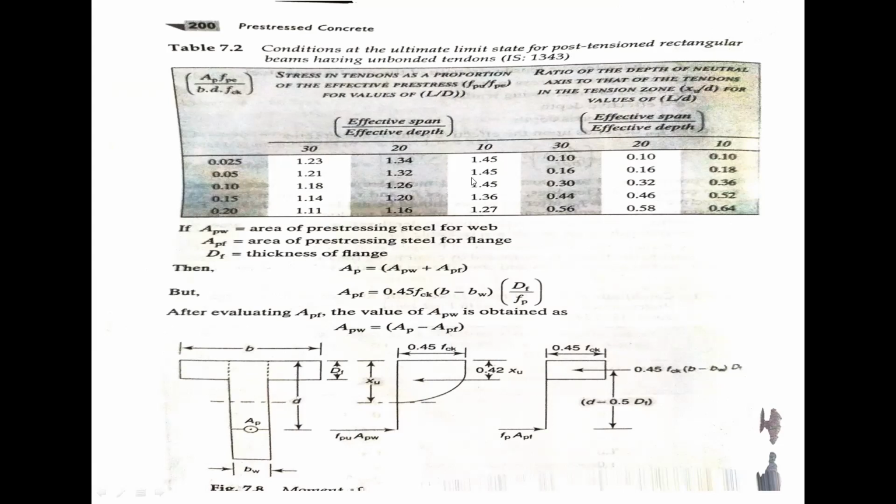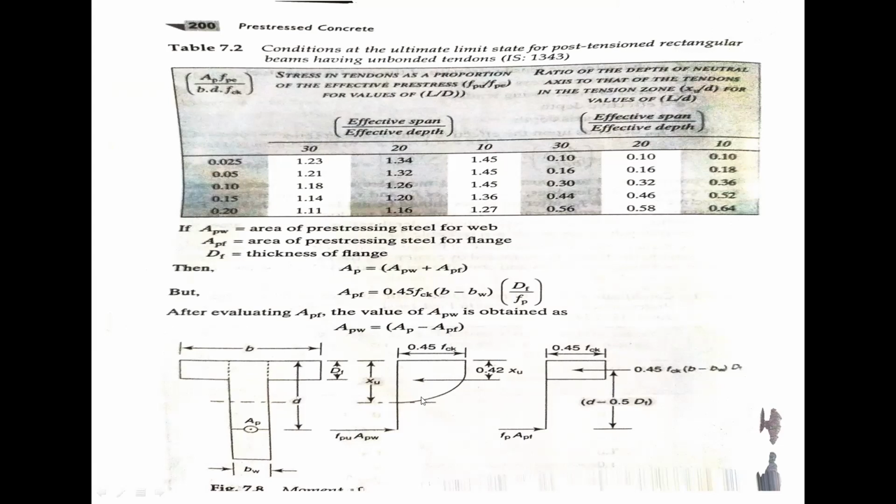You have to use this formula and these tables. APW equal to area of pre-stressing steel for web, APF equal to area of pre-stressing steel for flange, and DF equal to thickness of flange. Then AP equal to area of steel equal to APW plus APF. APF equal to 0.45 FCK into B minus BW.